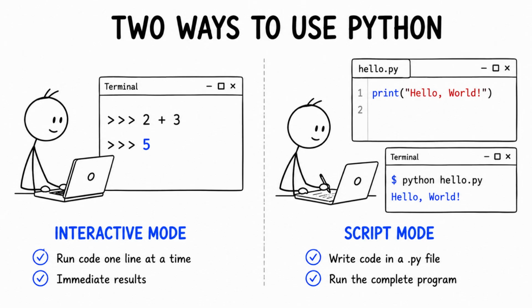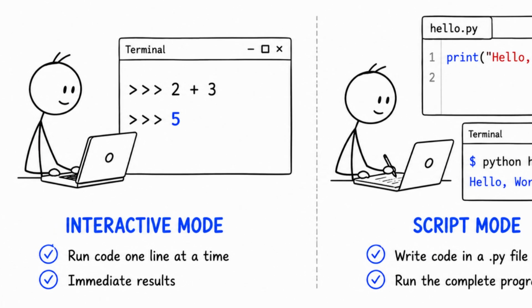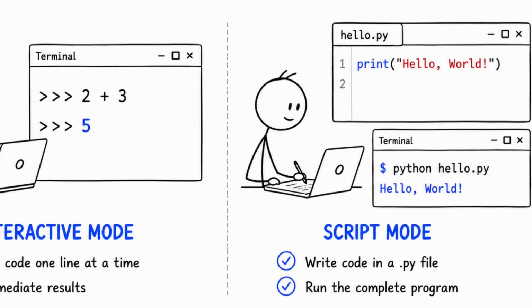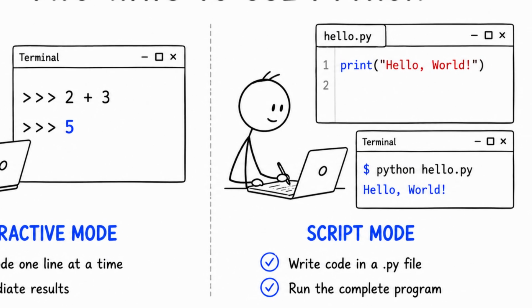Now, there are two main ways you can use Python: interactive mode and script mode. Interactive mode lets you run Python code one line at a time and immediately see the result. Script mode lets you write your Python code in a file and then run the entire program. Let's start with interactive mode.